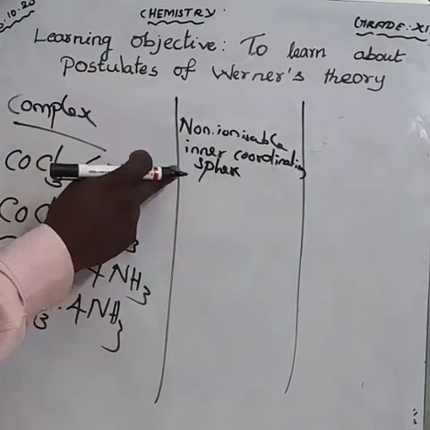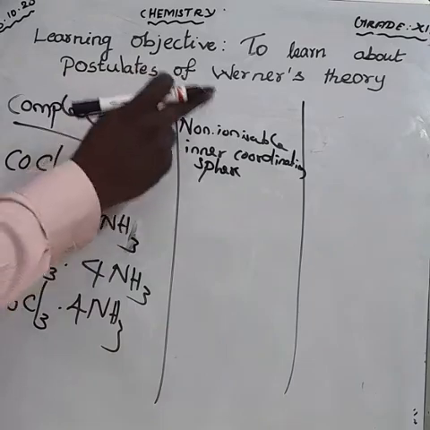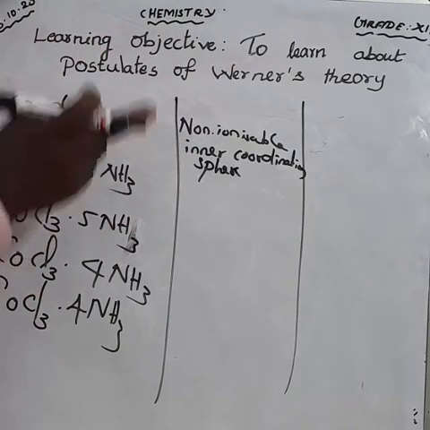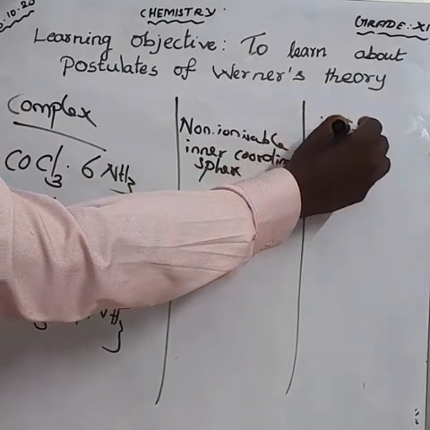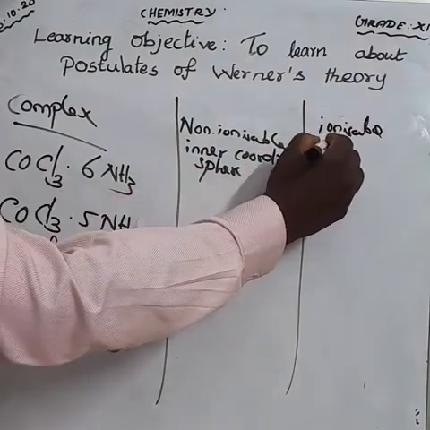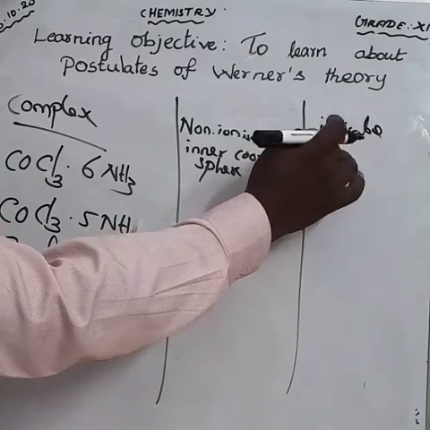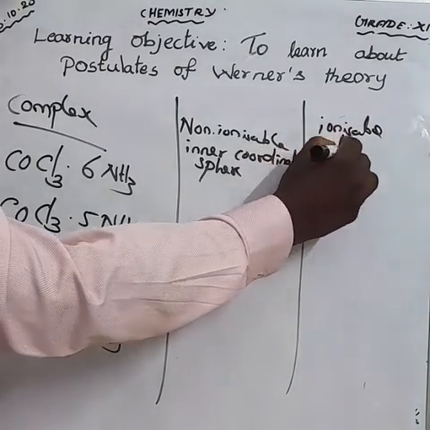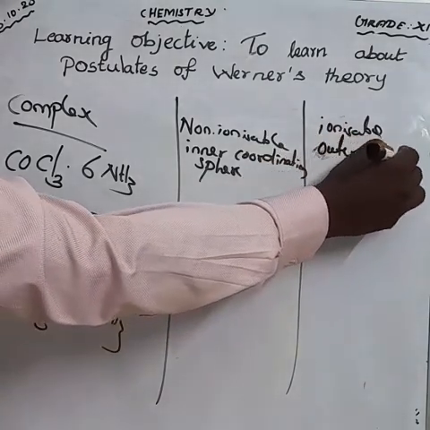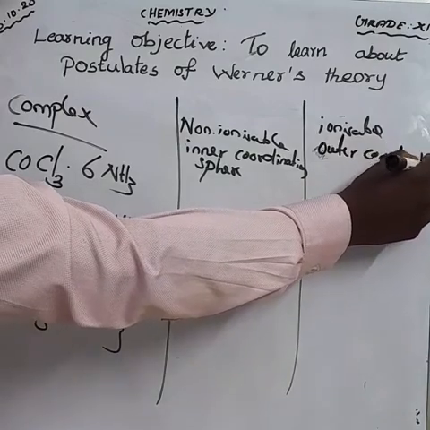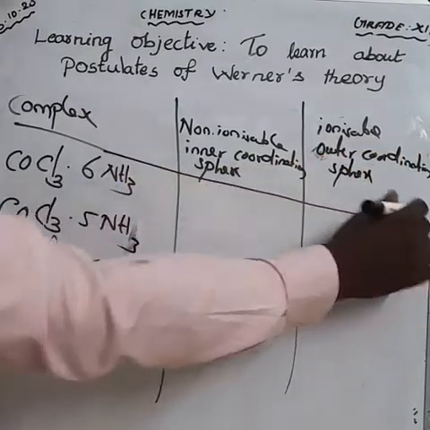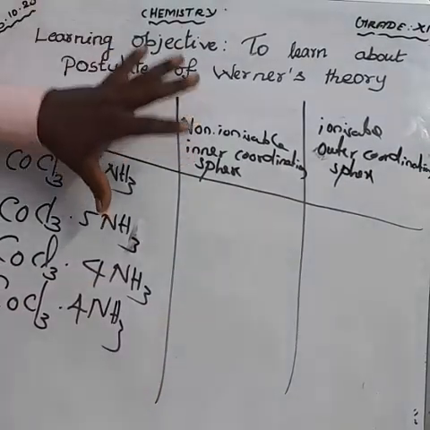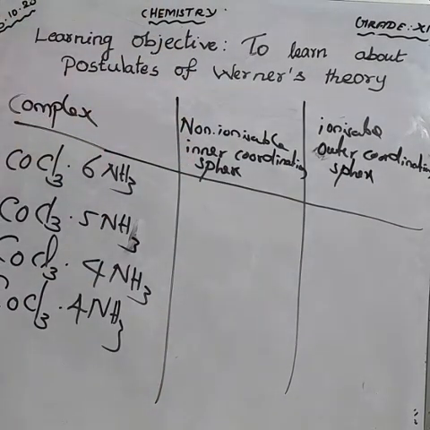Ionizable is in the outer coordination sphere. How many non-ionizable and how many ionizable?